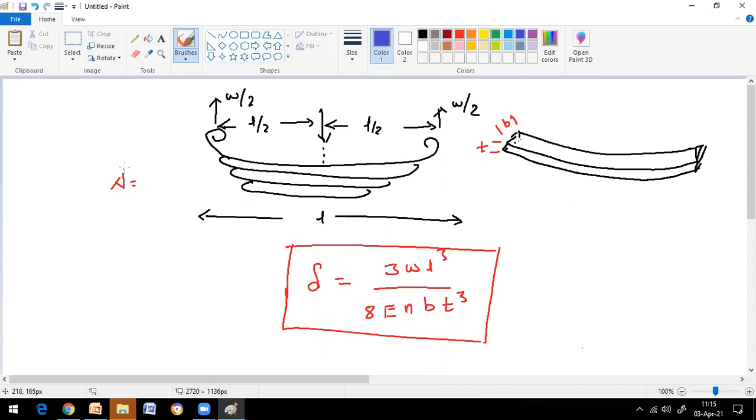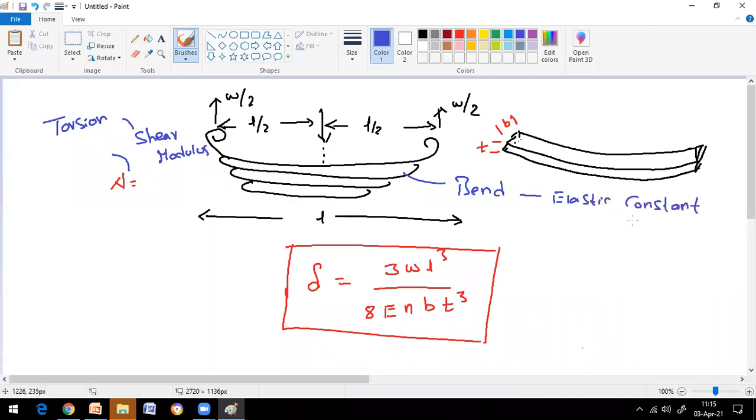Because in open coil helical spring and closed coil helical spring, there is a torsion which relates to shear modulus. Avuna? But here what happens, as it is a beam, beams always bend. The elastic constant for the beams are what? Everyone చెప్పగలరా? For beams, what is the elastic constant?